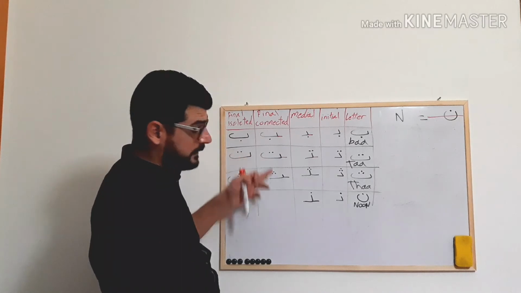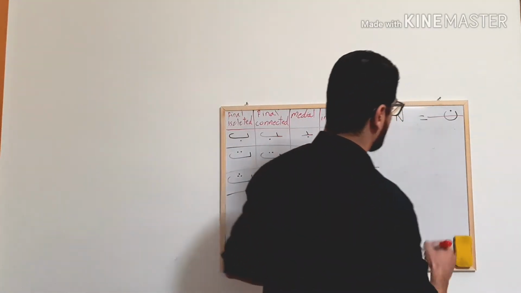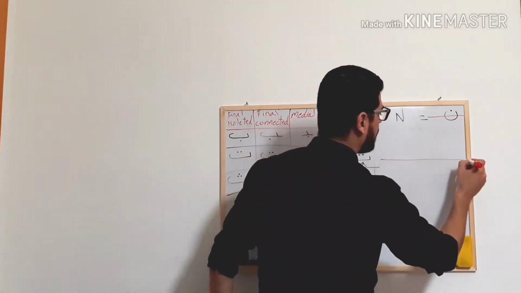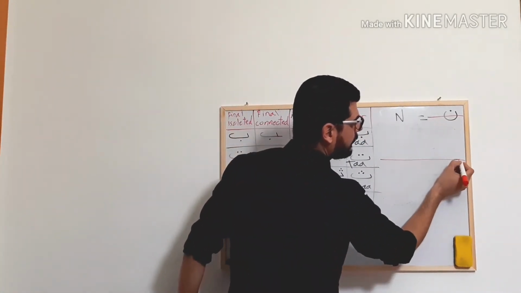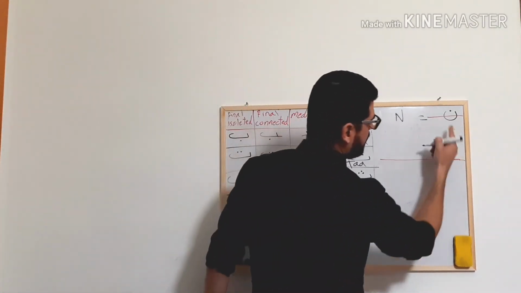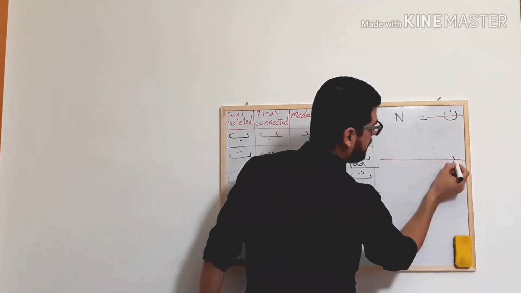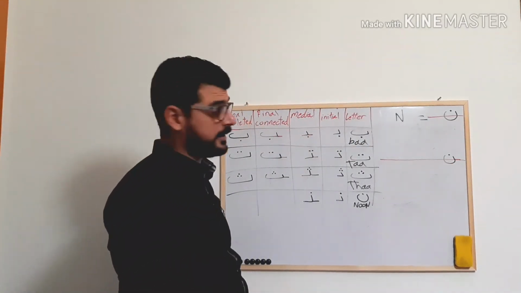In the final connected and final isolated, I will put my aid line, okay? Then I will draw the end, exactly the entire end, because we said it must be entire, as you remember, okay?